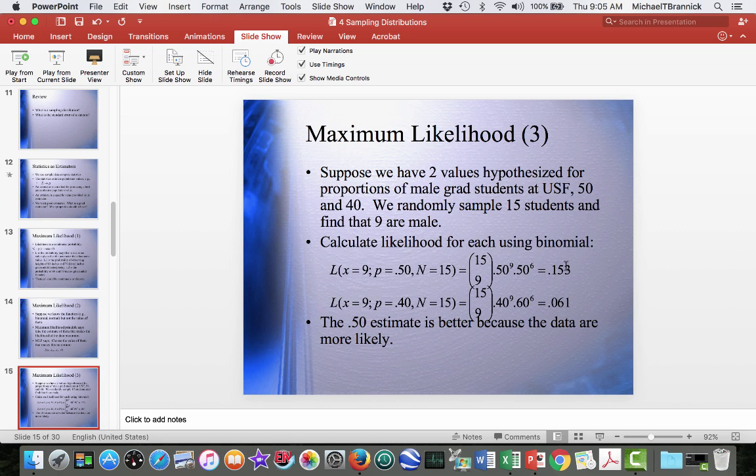If we compute it, the conditional likelihood of finding 9 males if the truth is 50-50 is 0.153.